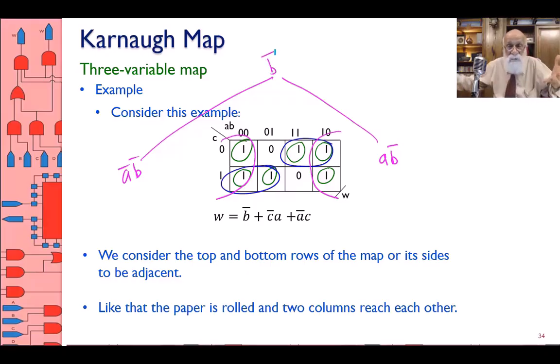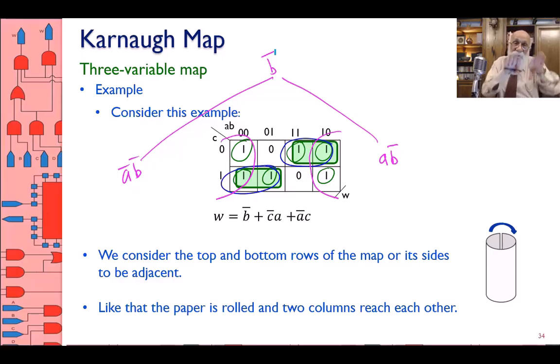So why did I not see this in the Karnaugh map? I could see this in the Karnaugh map if I was a little bit smarter. Okay? If I look at the Karnaugh map not as a flat table, but a circular table, like a paper folded on the two sides.